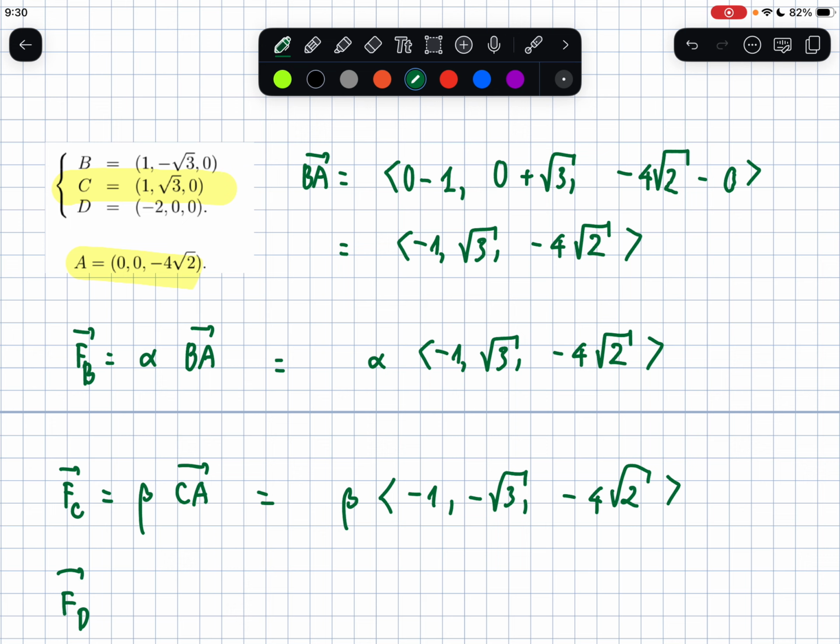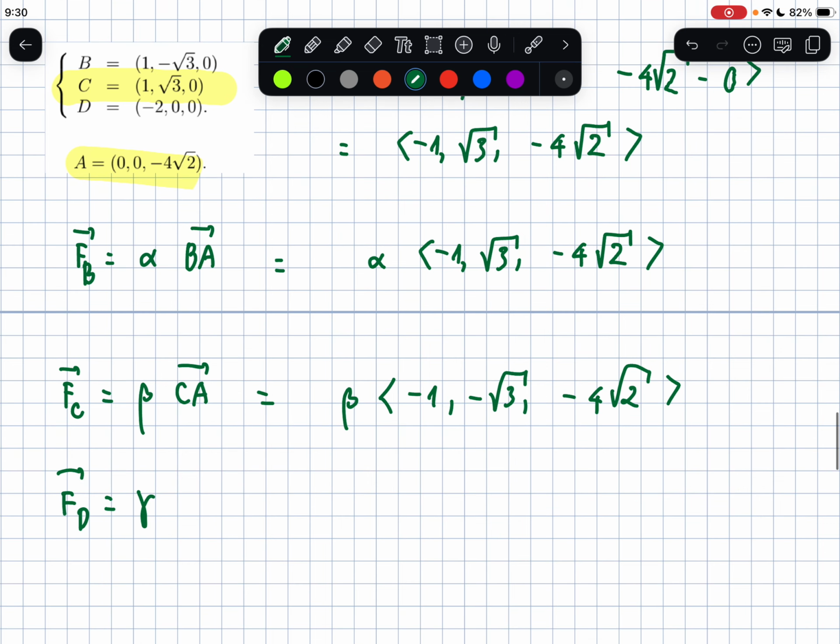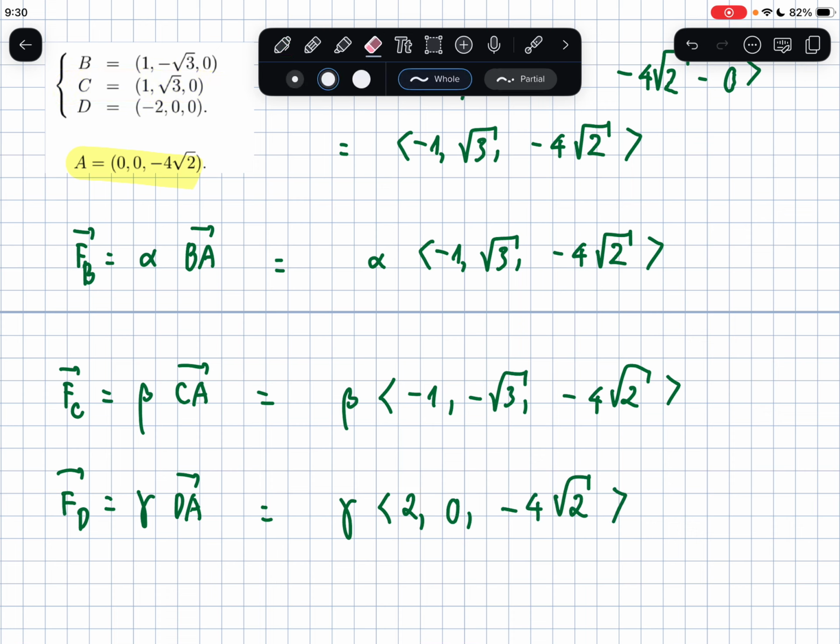FD is gamma multiplied by DA: 2, 0, minus 4 root 2.